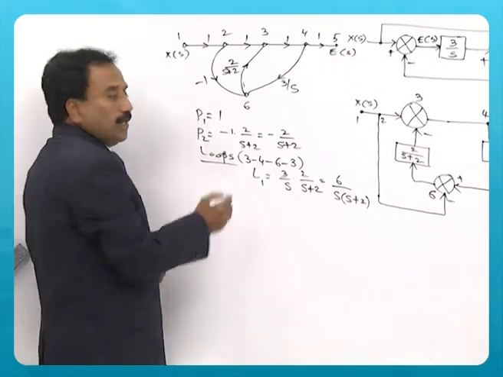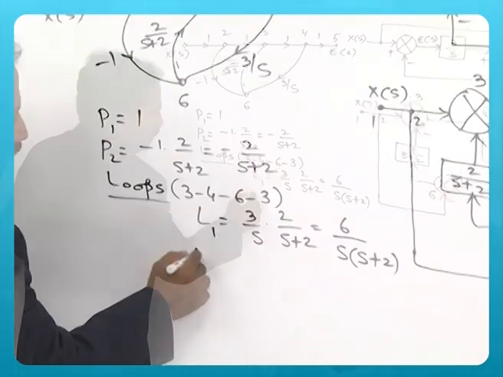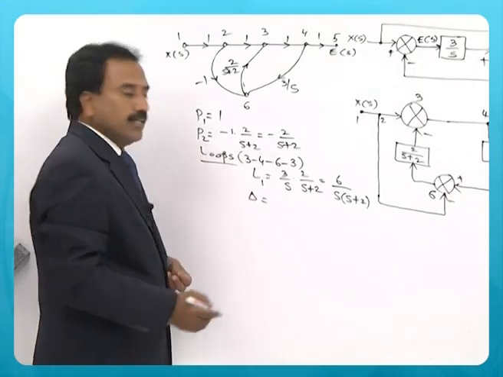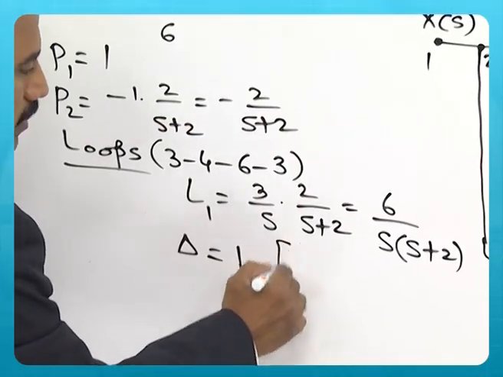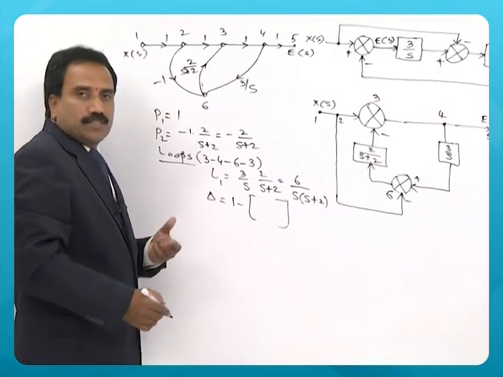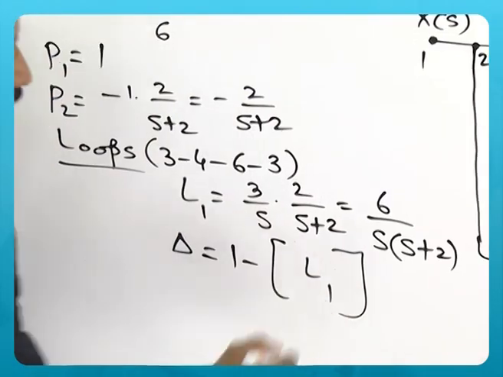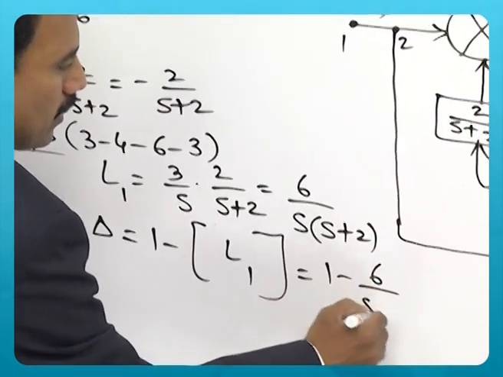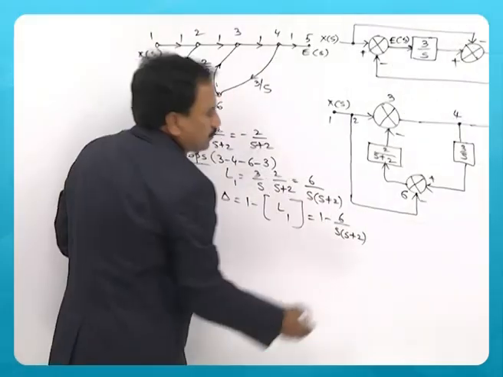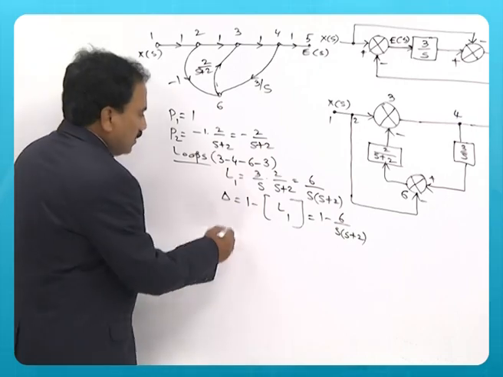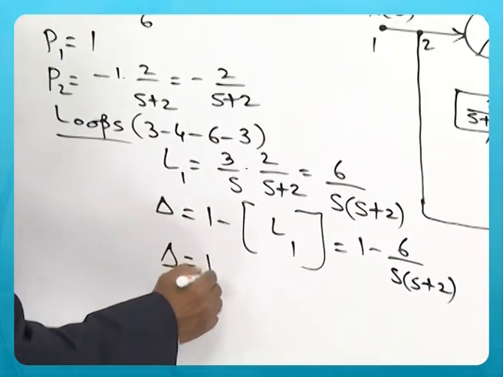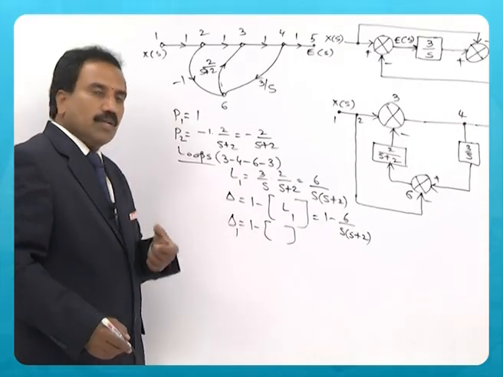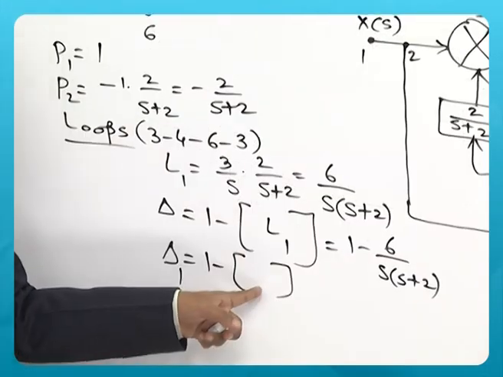When there are two forward paths, two deltas exist. First, delta is equal to 1 minus the sum of the loop gains, that is L1. So it is equal to 1 minus 6 by s into s plus 2. Whereas delta 1 is 1 minus the sum of the loop gains which are not touching the first forward path.